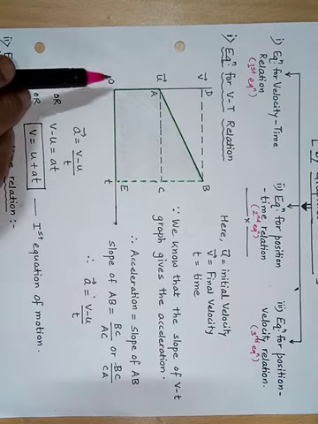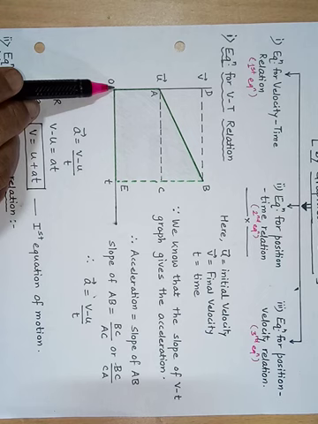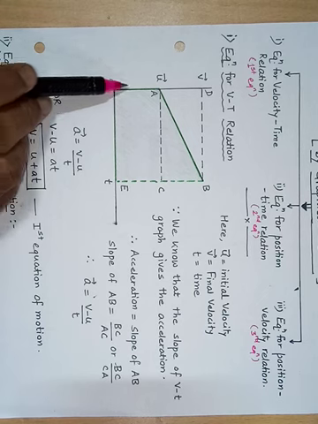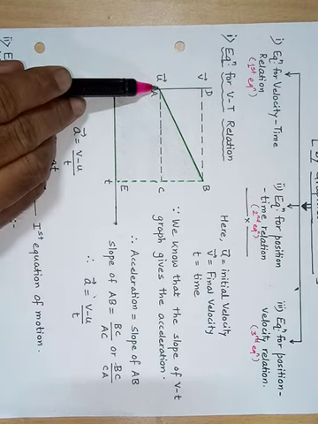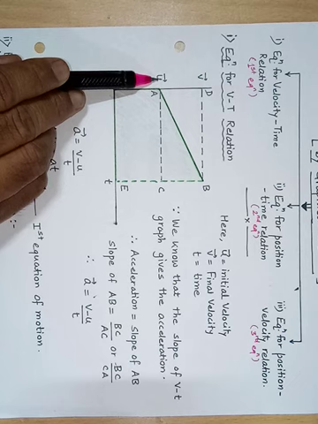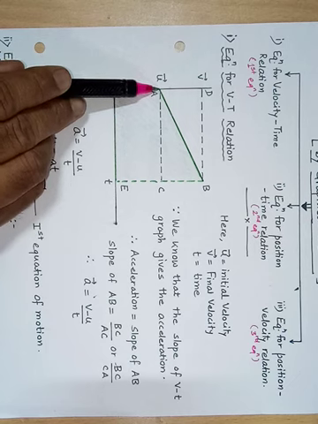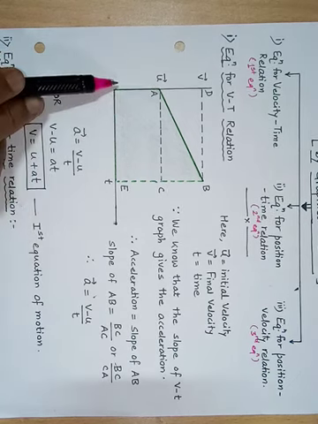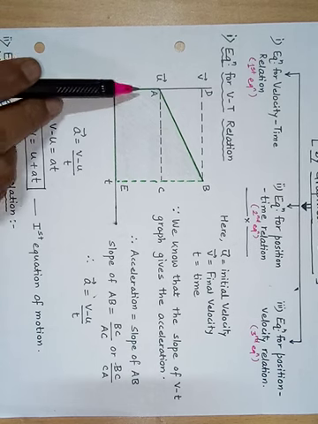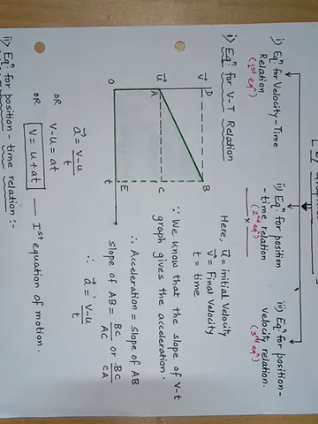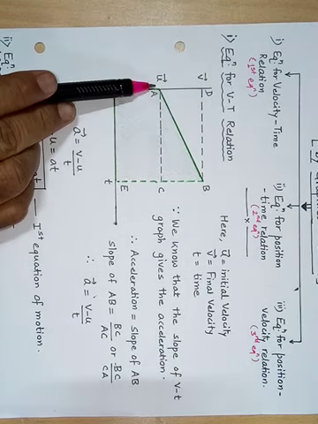So let's imagine from the beginning the object has some initial velocity u. I am representing this initial velocity u with this particular point A on the y-axis, because the y-axis refers to the velocity axis.